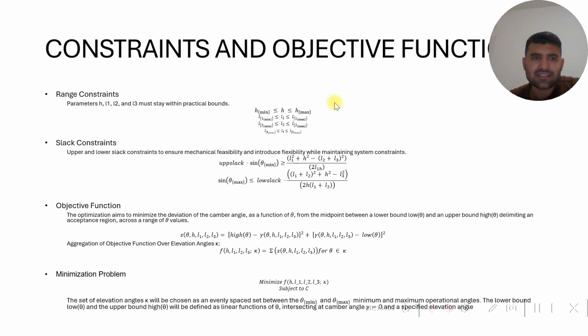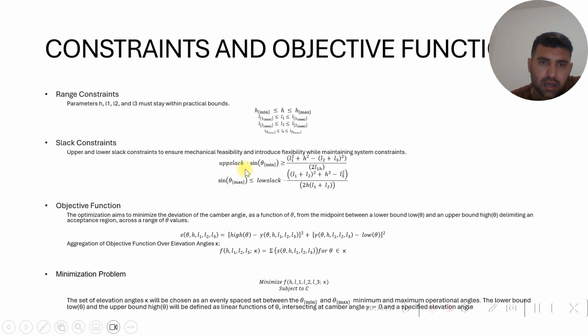So next, about the constraints and the objective function, like I already discussed, by focusing on the camber, we also have to focus on the constraints. These are also part of our objective function. The parameters we have in the geometry, L1, L2, L3, have some minimum and maximum bounds, and then we have upper and lower slack constraints that ensure mechanical feasibility and introduce flexibility while maintaining the system constraint.